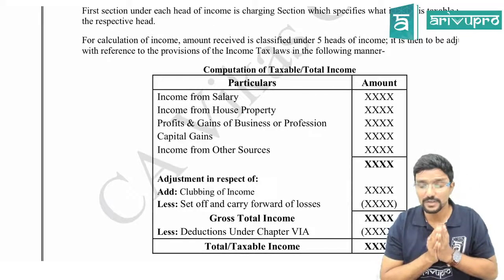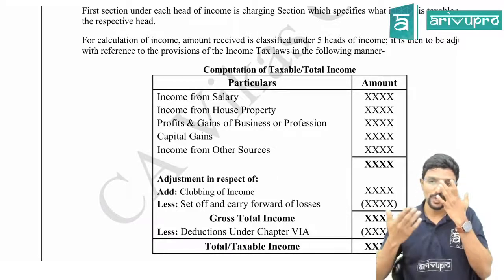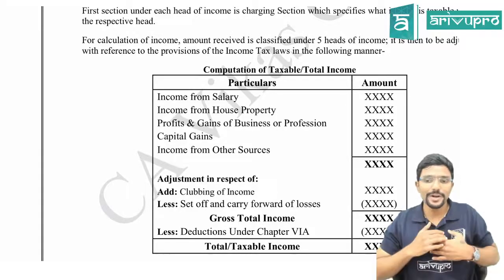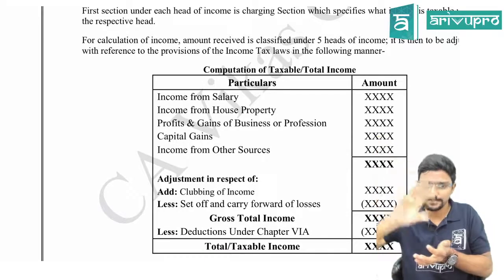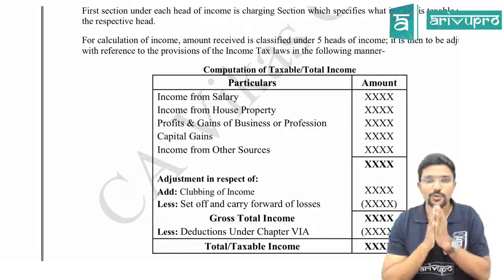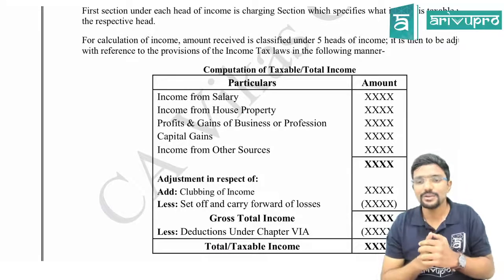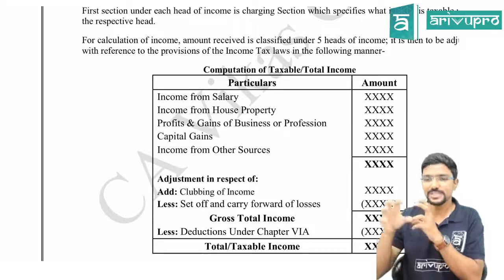It was directly given, but now we have to compute it for ourselves. Agree? So how to compute that we will be seeing in this chapter. To know my total income, first I should know what is my income under each head. If you want to know your total percentage of marks, you have to know the marks you have scored in each subject, right? Then you will see total marks.